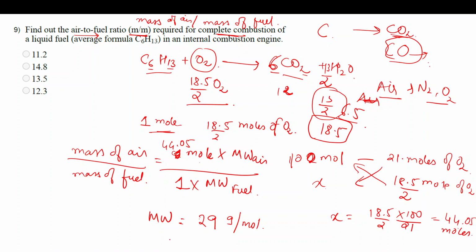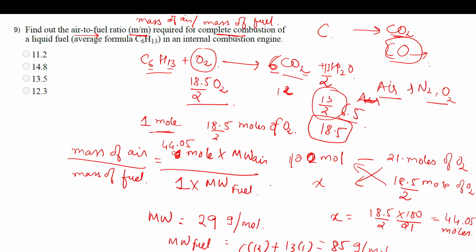And for fuel, let's calculate: it is 6 cross 12, which is the atomic weight of carbon, plus 13 into 1, which is the atomic weight of hydrogen. So if you do that calculation, 6 cross 12 plus 13 comes out as 85, which is the molecular weight of C6H13 fuel.